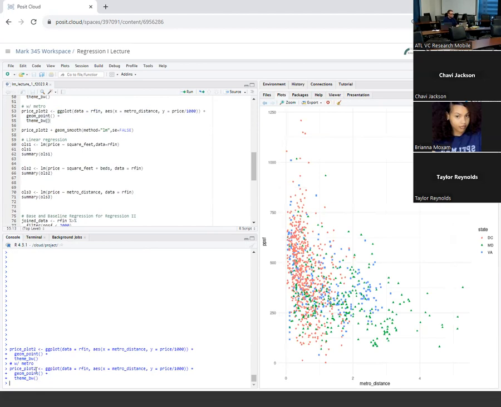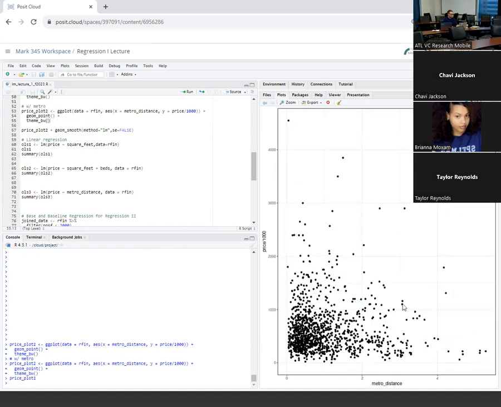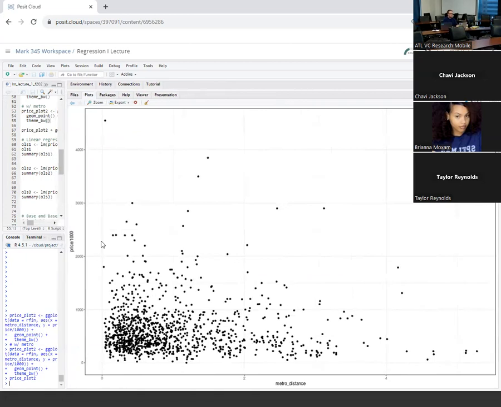Let me just come down here and I'm gonna just do it this way. There you go. And if I look at that data, you don't really see any kind of linear relationship with it. And so it's not surprising that we're finding that that's the case here, that we're not getting any significance on that linear term.